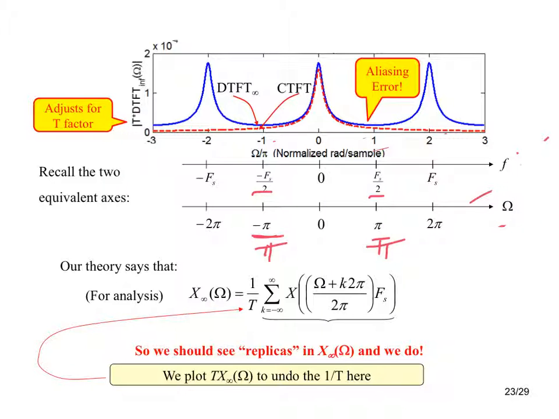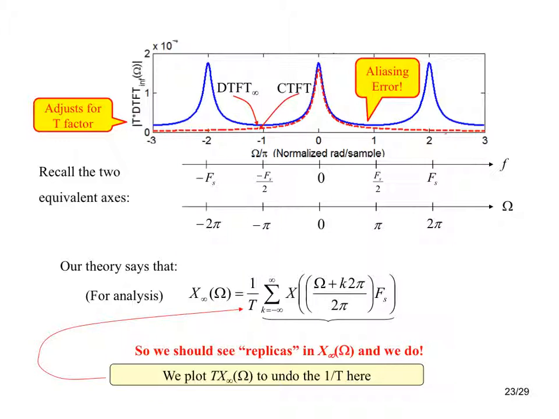If I want to think about discrete time, 1 is pi. If I want to think about the continuous time frequency axis, 1 is fs over 2, which is 15 kilohertz. So I love doing this normalized frequency axis this way. It makes it so easy to think about.